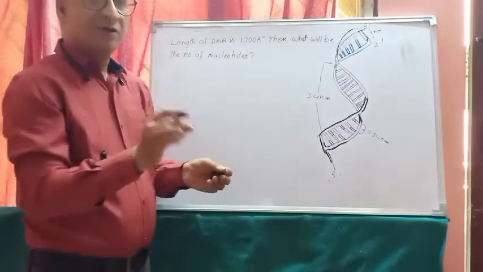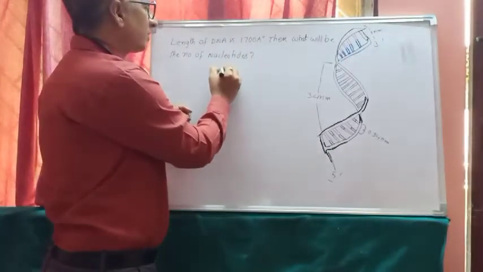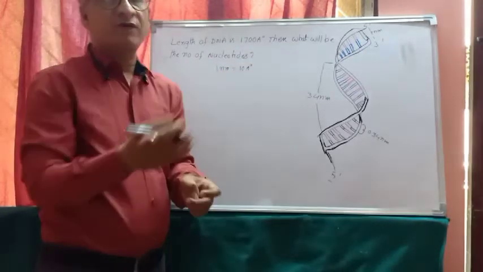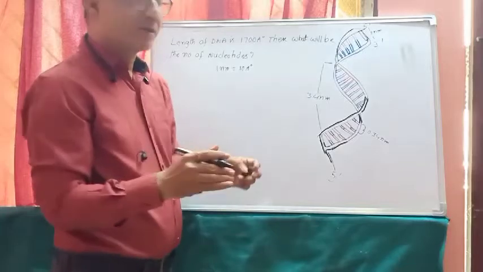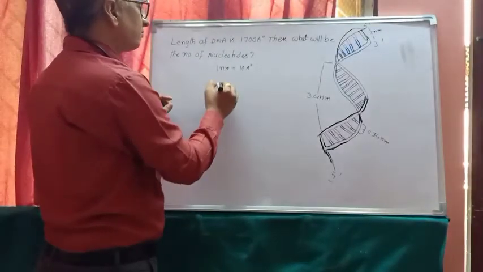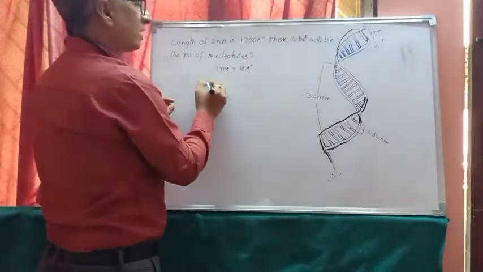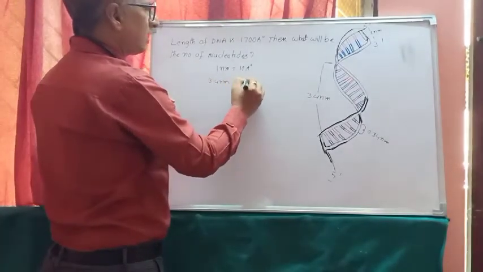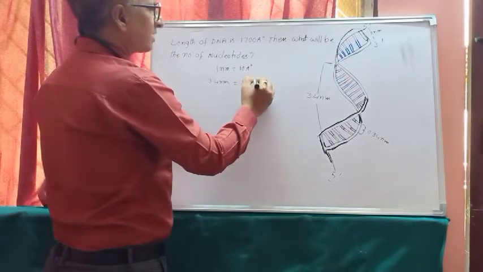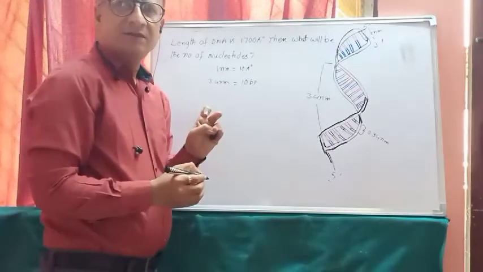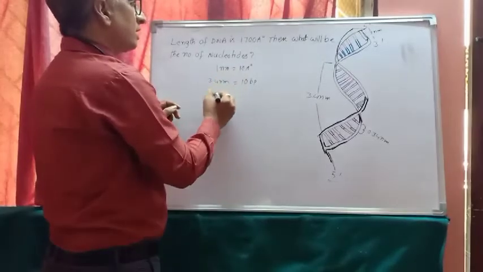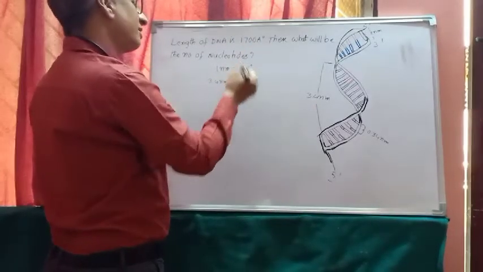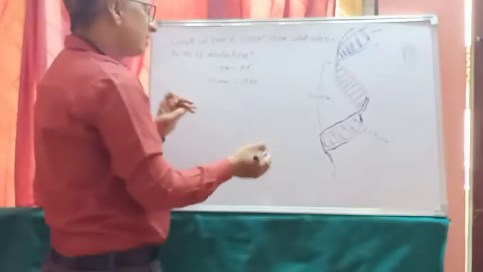But we already know that 1 nm is equal to 10 angstrom units. So we have to convert. Only then is it possible. So from here to here, 3.4 nm has 10 base pairs.